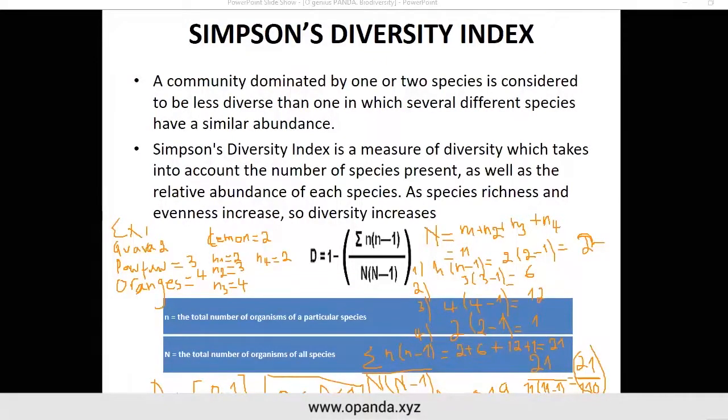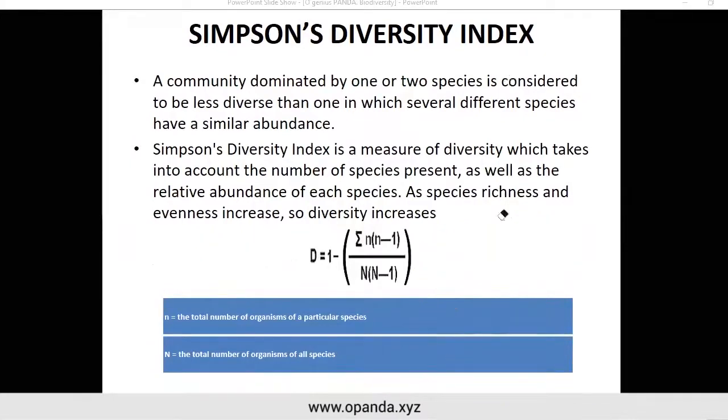I think there is no problem. Smaller n's, these are relative indexes. But big N is now the summation of those smaller n's. I think now you understand what I was doing.